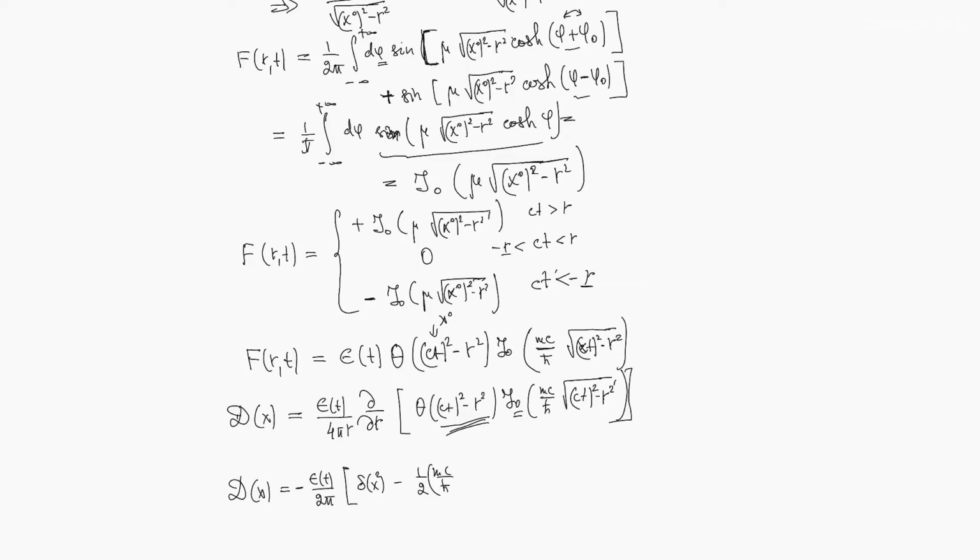Theta on x squared, J1 of MC over H bar, square root of the 4-interval, divided by MC over H bar square root of the 4-interval. So we have derived an explicit expression for this Pauli Jordan function.